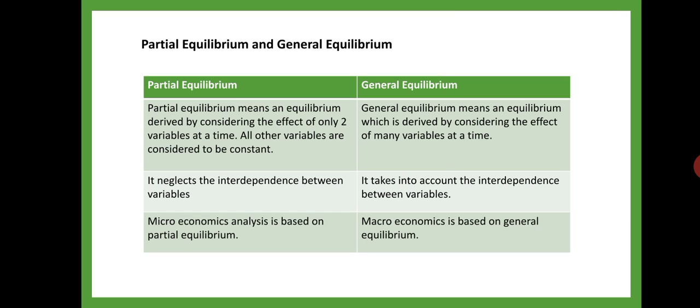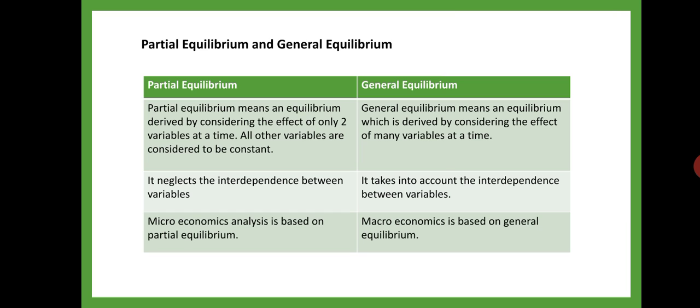It means an equilibrium which is derived by considering the effect of many variables at a time. Many variables are there. Employment is there, then inflation, deflation rate is there, pricing level is there. So many areas are focused on in general equilibrium, but in partial equilibrium only two particular areas will be focused on.